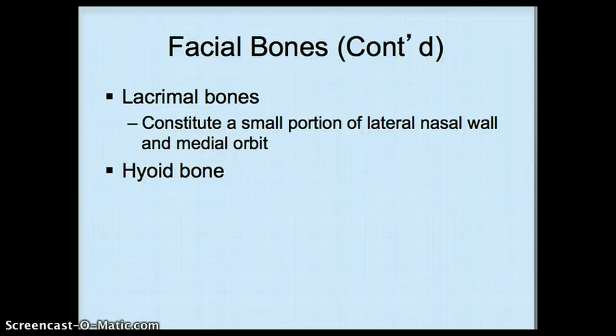They are a small portion of the lateral nasal wall and form a small part of the medial orbit as well. And then the hyoid bone just demonstrates that there's an interconnection of the phonatory and articulatory system, because the hyoid bone moves along with the articulatory system.